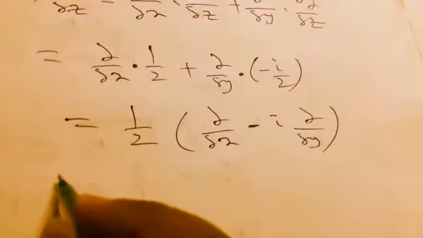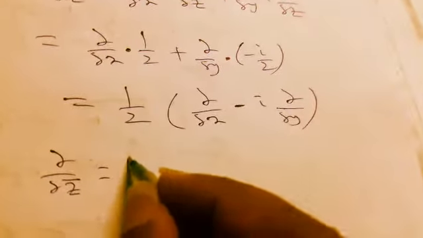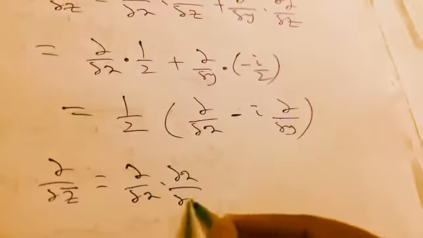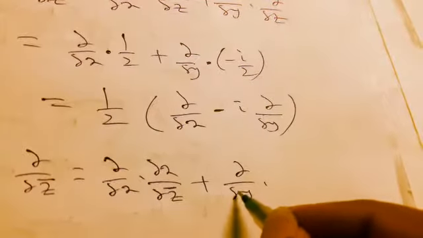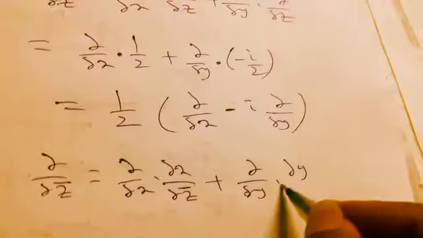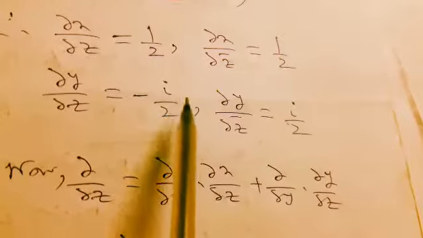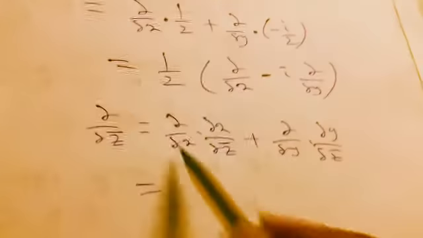Similarly, for ∂/∂z̄, it will be clear, that is ∂/∂x into ∂x/∂z̄ plus ∂/∂y into ∂y/∂z̄, and certainly if we substitute these values, we are getting for the z bar terms half and i by 2.